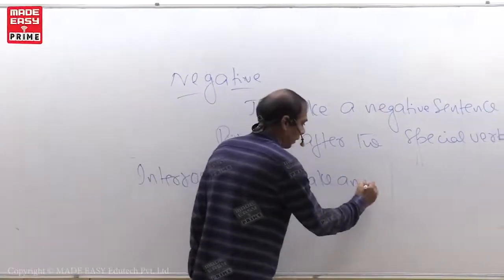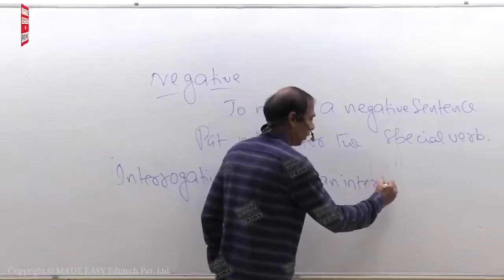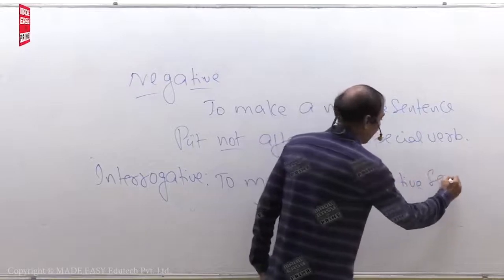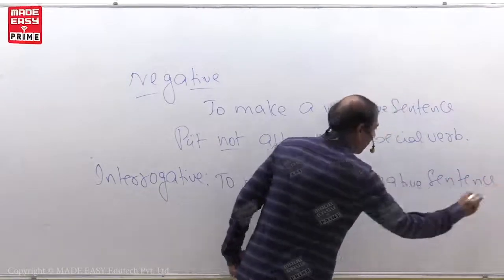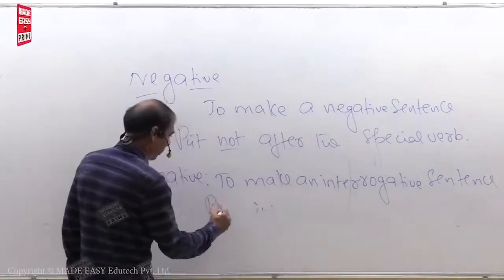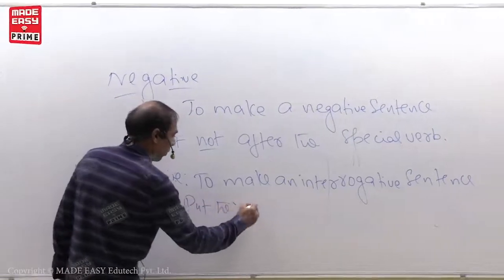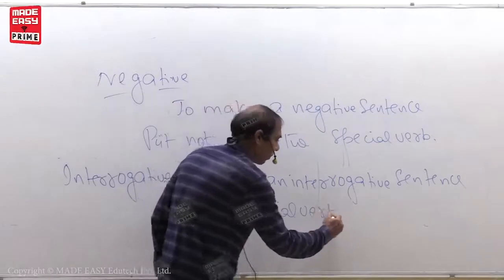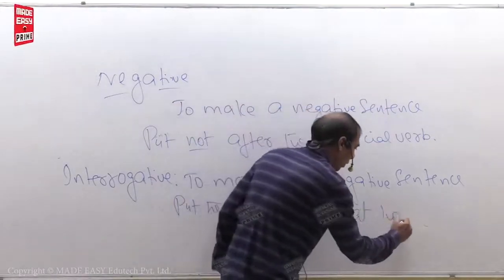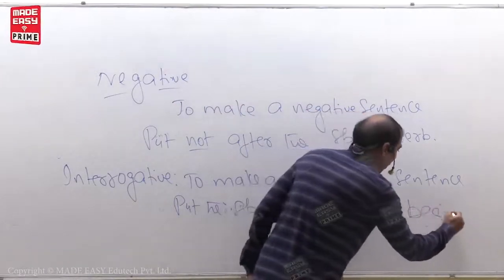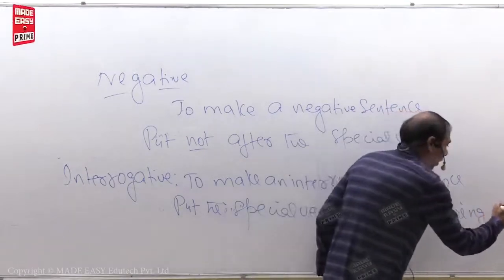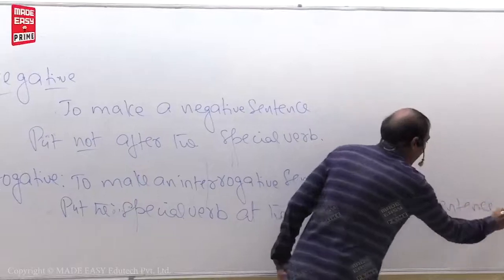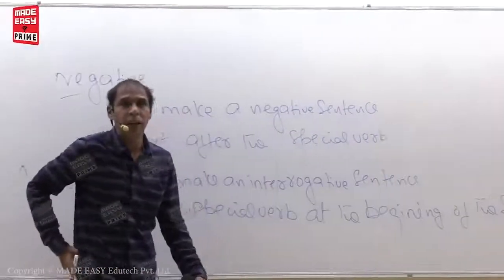To make an interrogative sentence, put the special verb at the beginning of the sentence. At the beginning of the sentence.